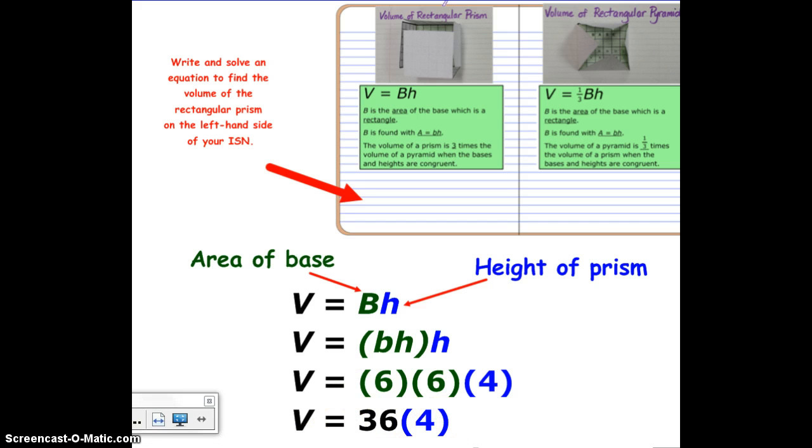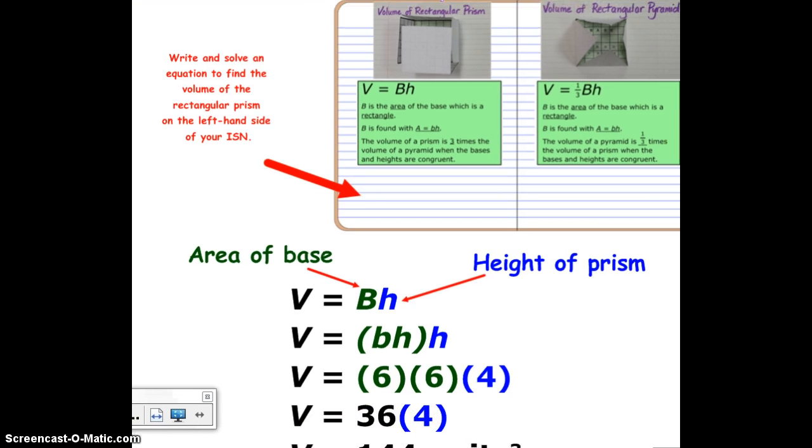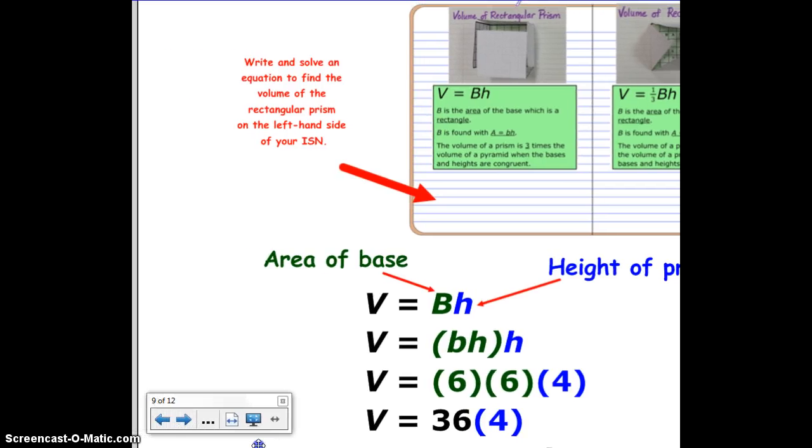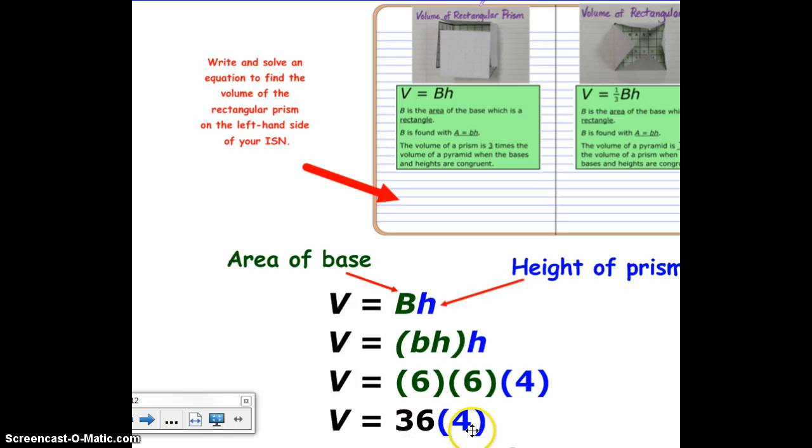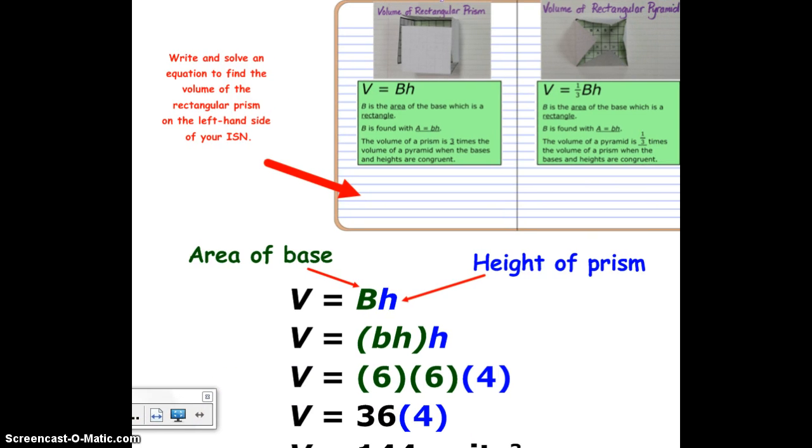So we take 6 times 6, which is 36, and then 36 times 4 is 144. Unfortunately, my screen is not big enough to show you the volume answer.